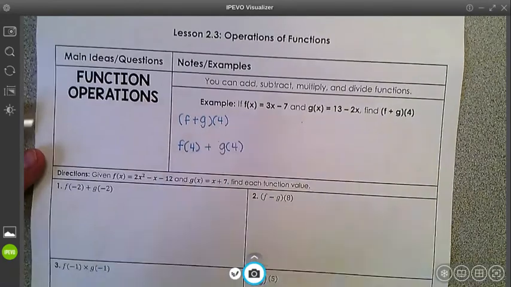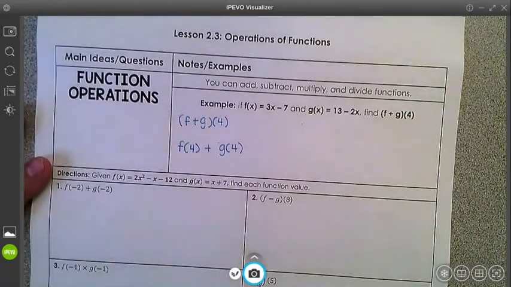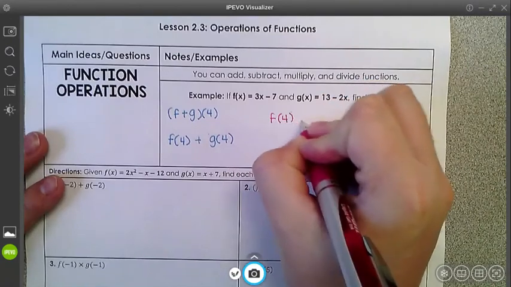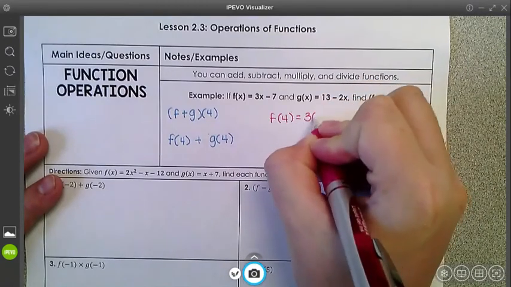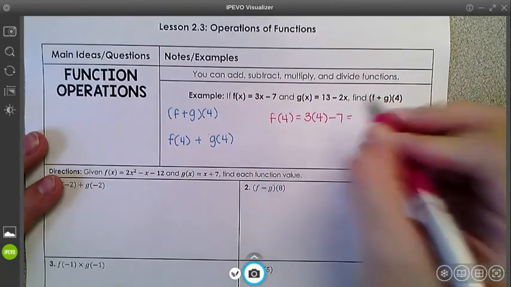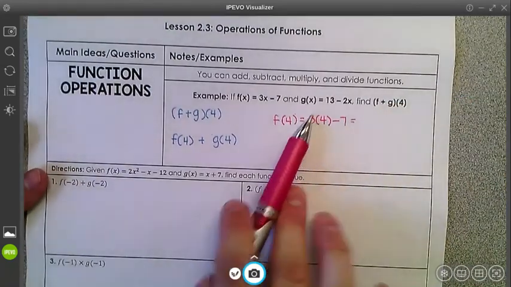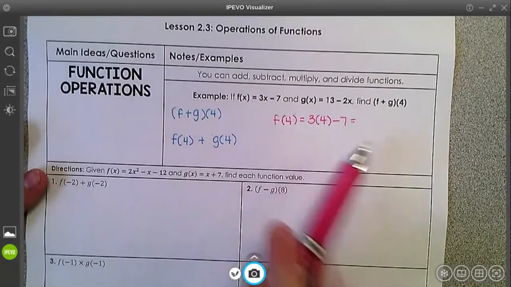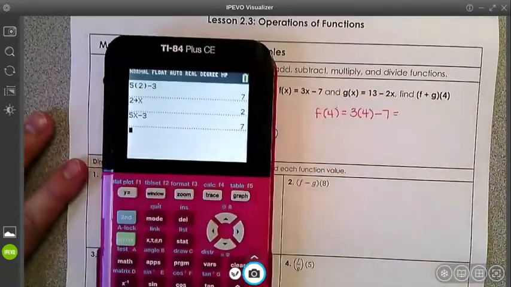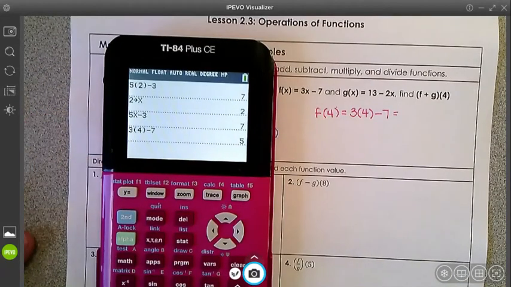So in this example, if I do f of 4, that's 3 times 4 minus 7. You can probably do this in your head. You could type it out in your calculator. 3 times 4 minus 7.